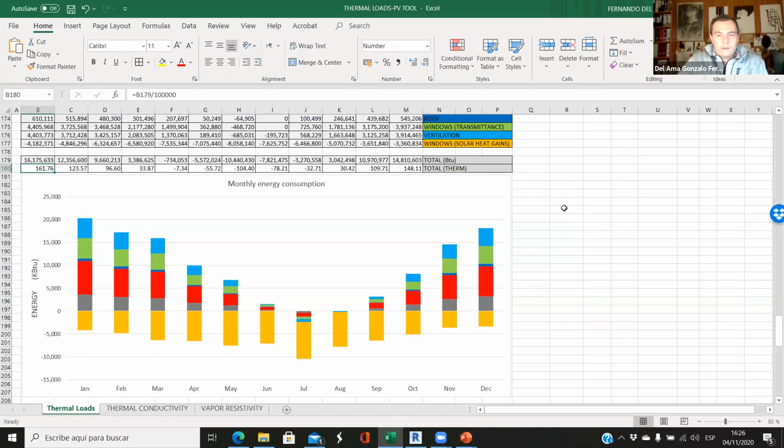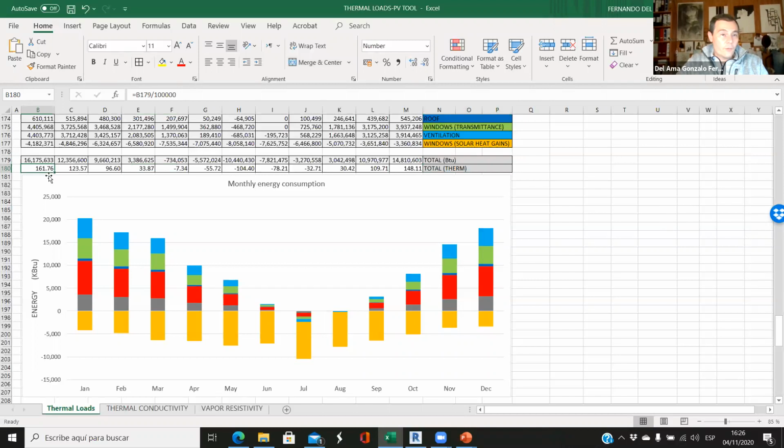This is the official British thermal unit, but when you receive a bill, you will have the information in therms.